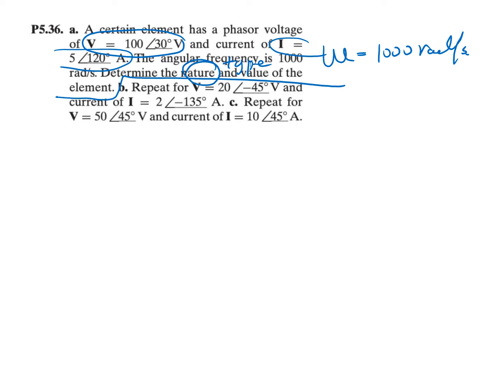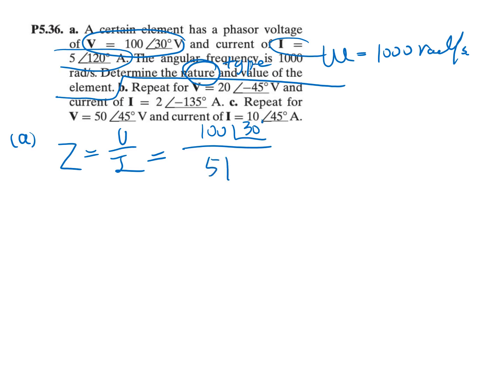Well, so let's first do question A. Z is V over I. This calculation is much more simple compared with the last one, so we only need to directly substitute the number. 100 angle of 30 degrees. Current is 5 angle of 120 degrees.